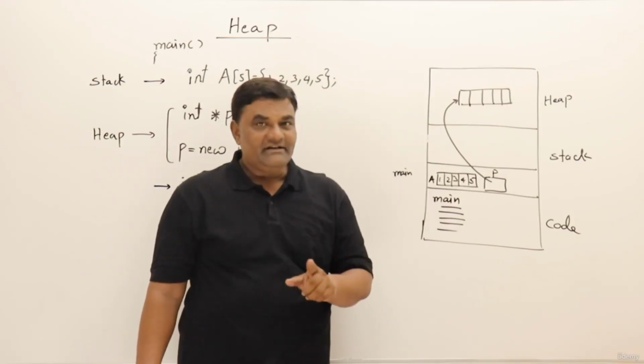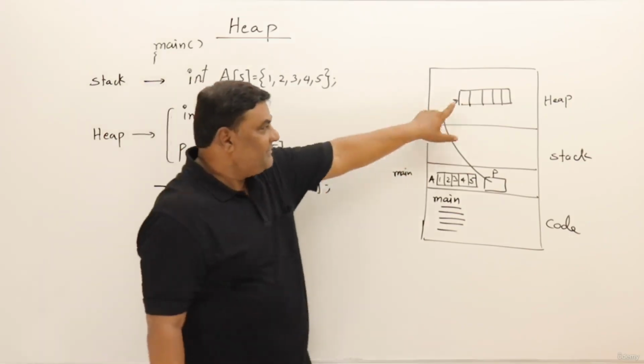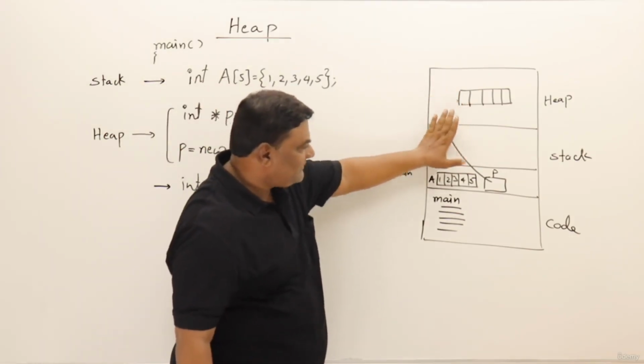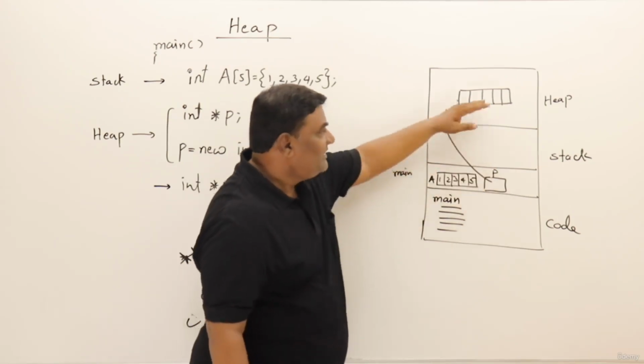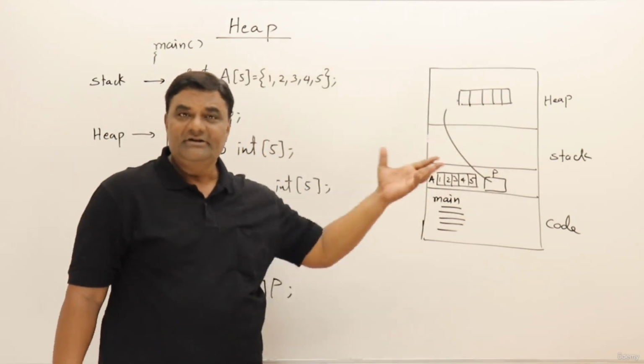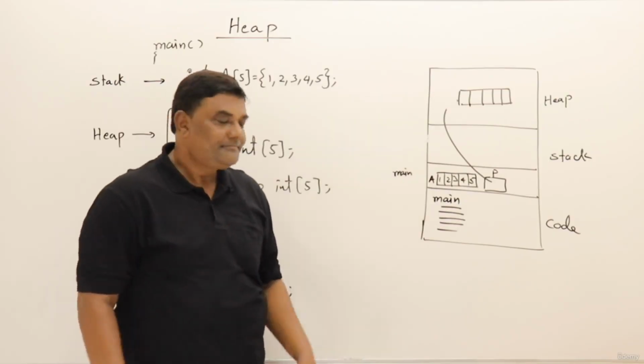Otherwise, if you are not deleting it, it is called a memory leak problem. This memory belongs to your program, but the pointer is not pointing to it. Then it is a memory leak. That memory is of no use. There is no pointer and it is also not free.